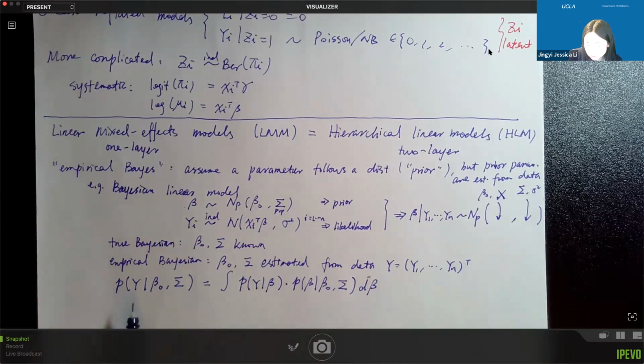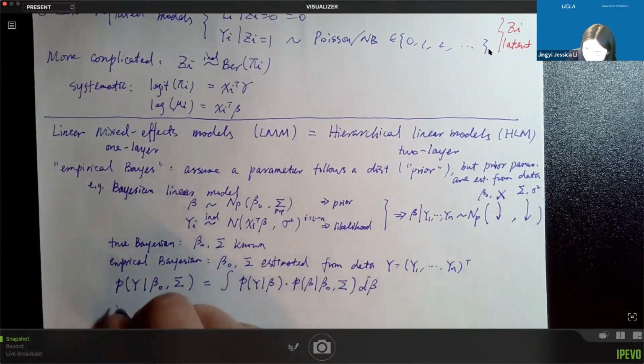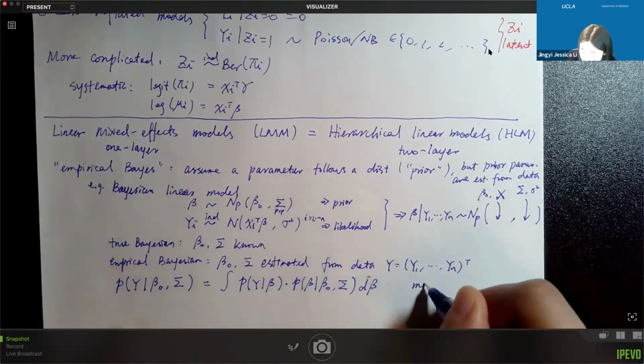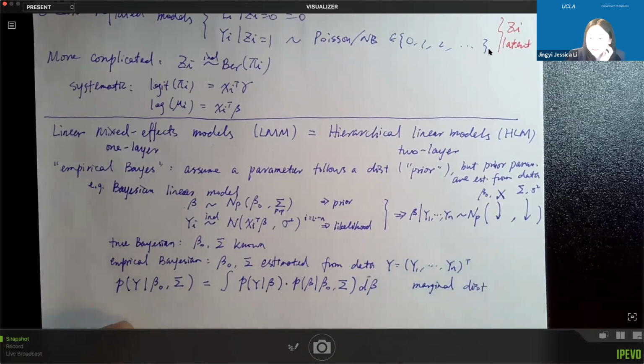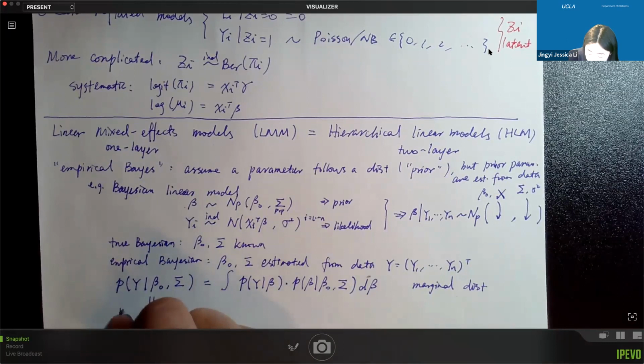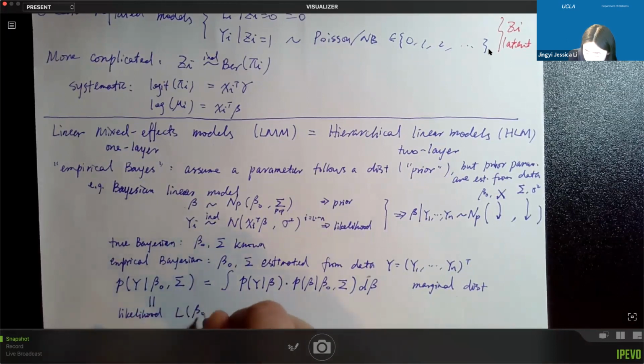So with this integration, you are only left with these hyperparameters, beta 0 and sigma. And then you can consider this joint density. We call this the marginal distribution, okay? And given this marginal distribution, you are going to call this the likelihood of beta 0 and covariance matrix sigma.